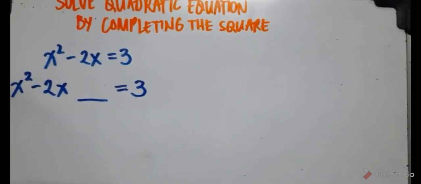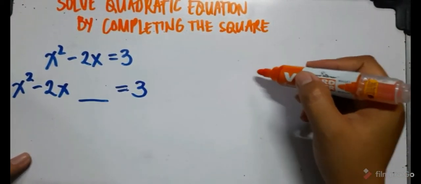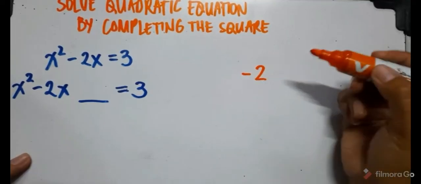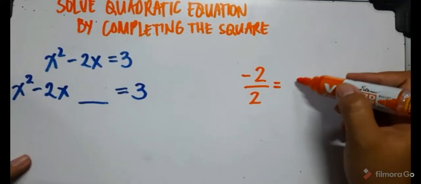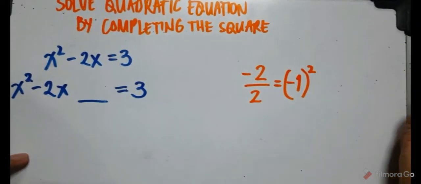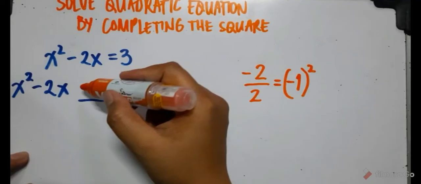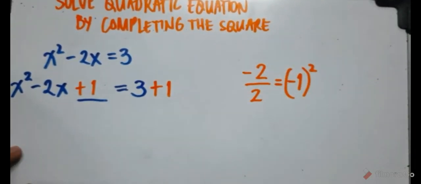So how do we do it? We get the numerical coefficient of the second term, that is negative 2 divided by 2. The answer is negative 1. We square negative 1, so the answer is positive 1. So we add positive 1 on both sides of the equation.